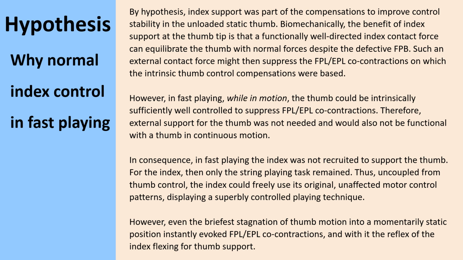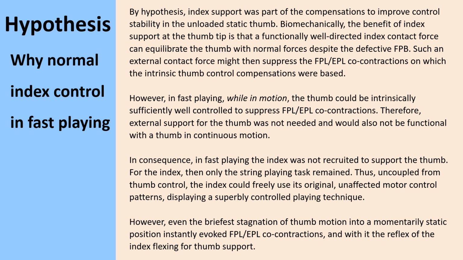However, in fast playing, while in motion, the thumb could be intrinsically sufficiently well controlled to suppress FPL-EPL co-contractions. Therefore, external support for the thumb was not needed and would also not be functional with the thumb in continuous motion. In consequence, in fast playing, the index was not recruited to support the thumb. For the index, then only the string playing task remained.